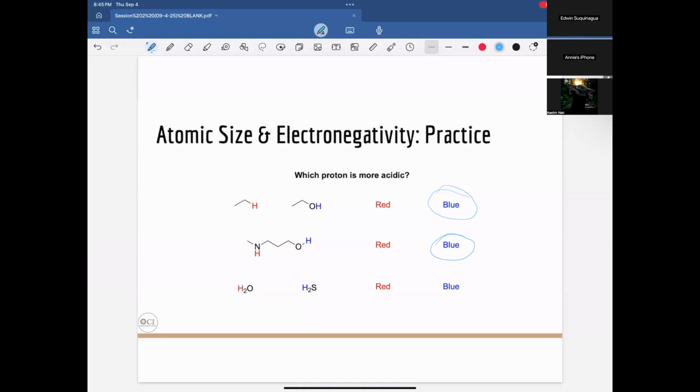What about the last one? Blue as well? Oh, no. So this one is not focused on electronegativity as much as the size of our atom, like we talked about. The bigger our atom is, the more distance we have to move that negative charge around and get some stabilization going. So that one would be blue.